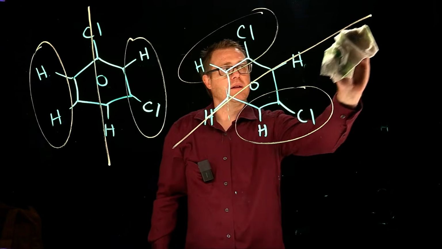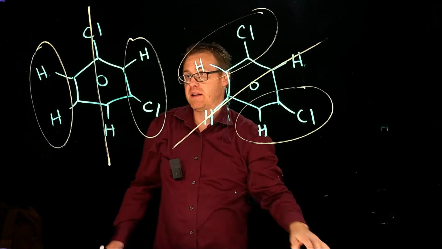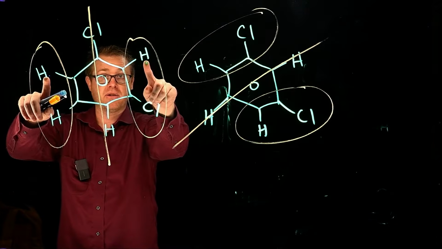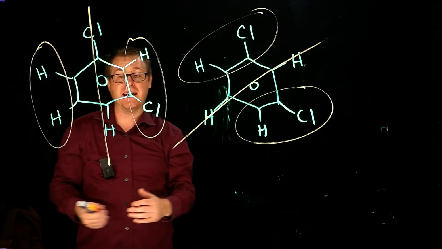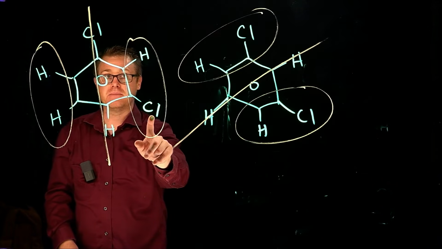So if you try to find a plane of symmetry like I did with the first one to get the 2 hydrogens on either side, you will realize very quickly that you cannot, because this chlorine messes it up.